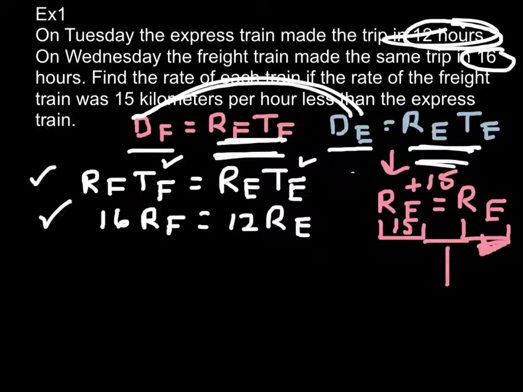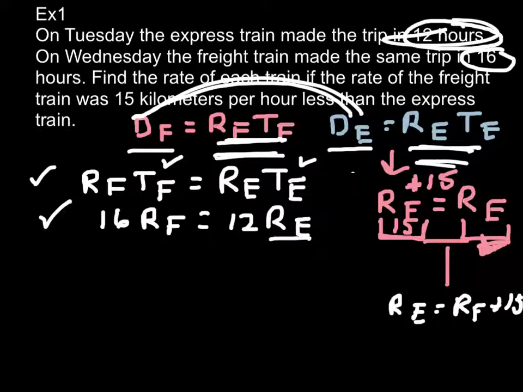Add 15 pounds or whatever you can think of to make this make sense. So my equation then is RE is equal to RF plus 15. Okay?